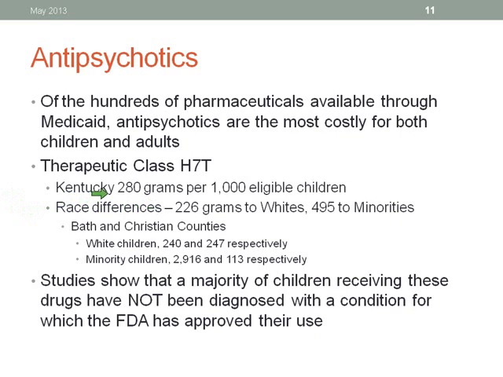And remember, the state average is 280. But for minorities, and when I say minorities, this is principally African Americans, it is nearly 500. So it's over twice the amount compared to whites. That in and of itself, at the state level, should raise some important questions.